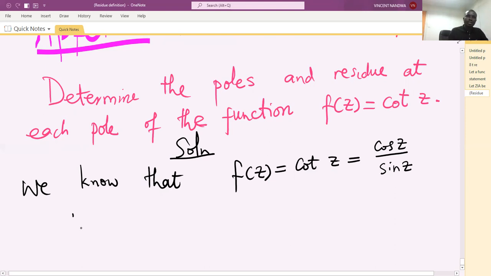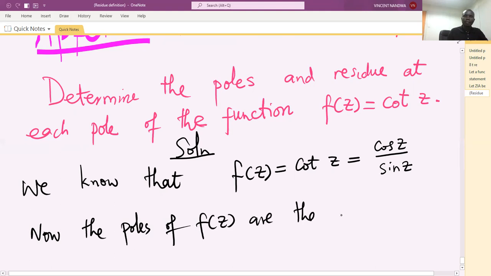Now, before we go to cos, let's find the poles of the function. Now, the poles of f of z are the roots of sine z equals to 0, simply taking the denominator and equating to 0.